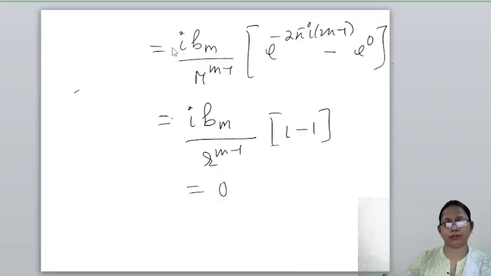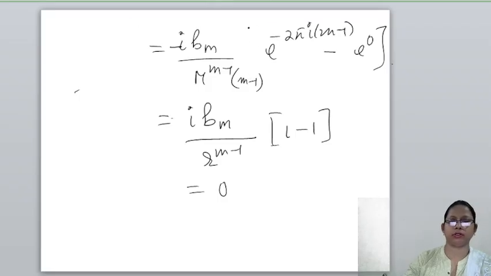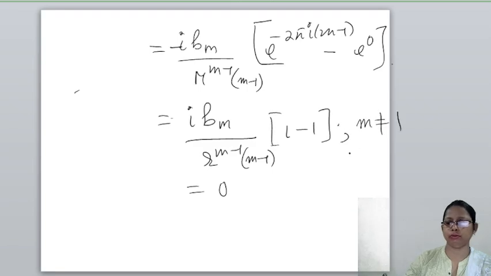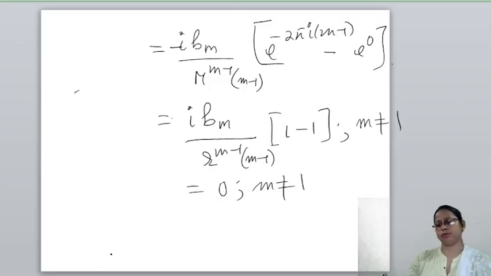You should correct this: it is minus 1 over (m minus 1). This holds for m not equal to 1, otherwise our value is undefined.